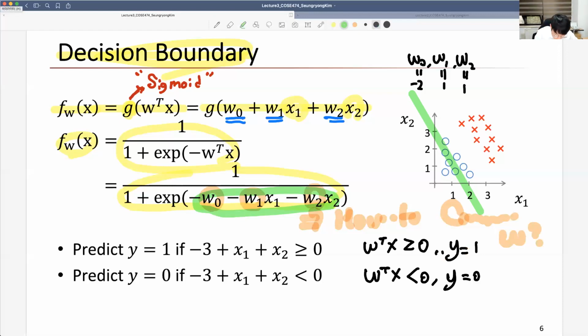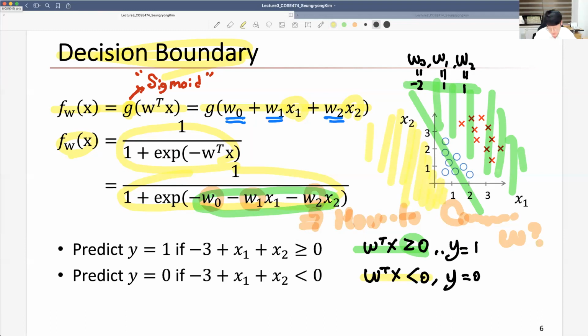So in other words, if W transpose X is larger than 0, the Y should be in this part, or if W transpose X is smaller than 0, the region should be the other side. But as you can see here, this classification is not a good prediction. Why? Because there are some errors here, right?